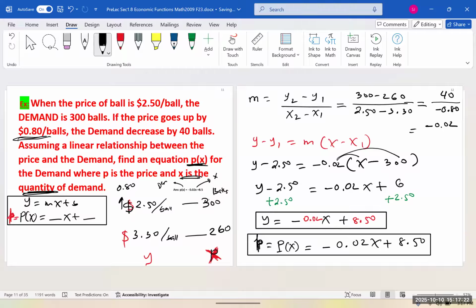So if one ball currently costs $2.50 and you increase the price by 80 cents, now one ball costs how much money? You increase the price by 80 cents. So what's the new price? $3.30. Where?